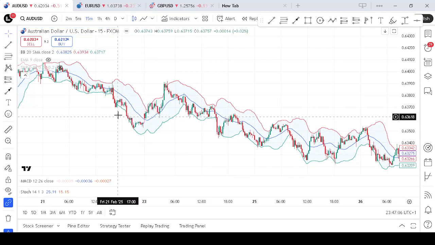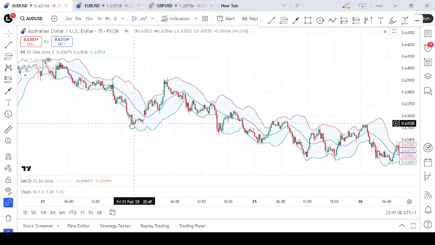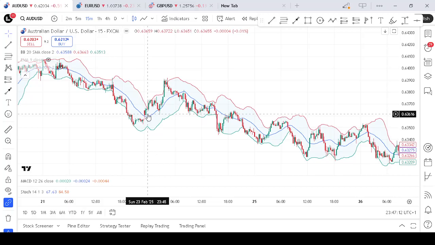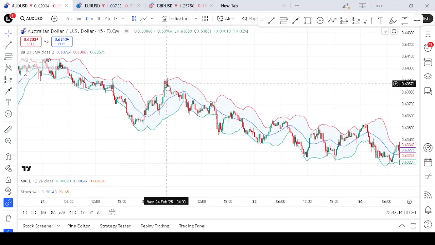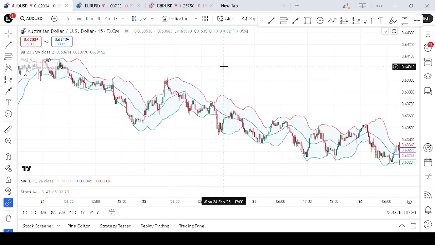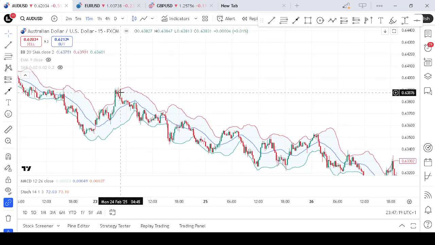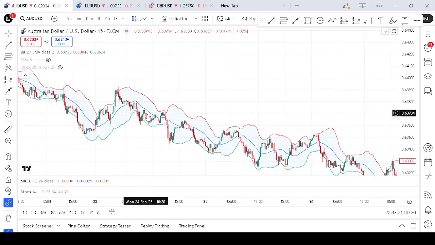When price touches the lower band and starts moving upward, you have a potential buying opportunity. Conversely, when price hits the upper band and begins to fall, consider this a selling signal. The key is to watch for price action that respects this band.